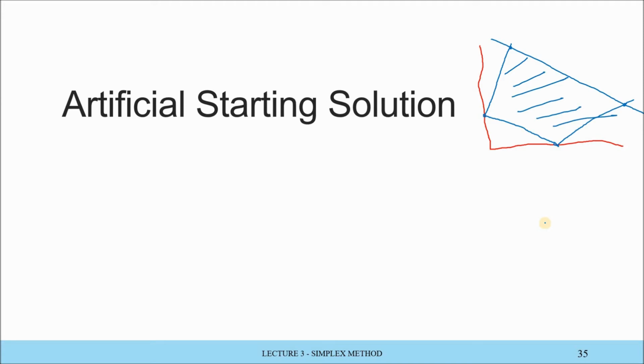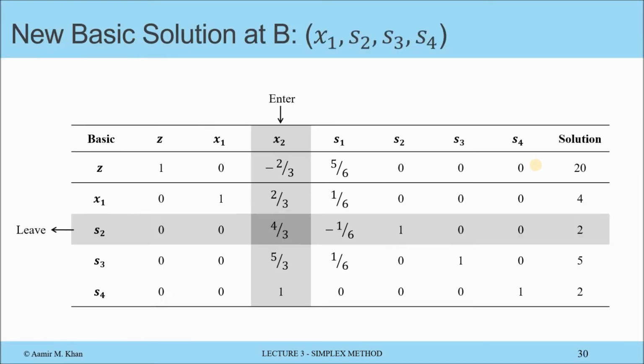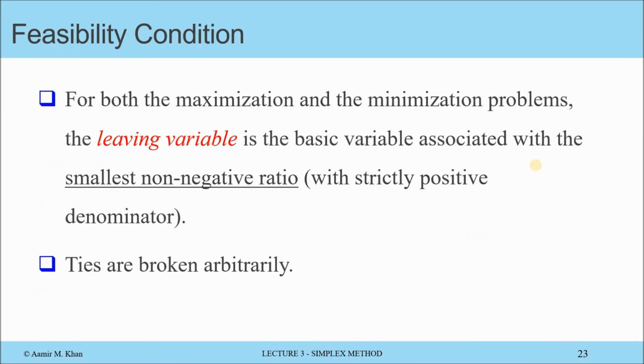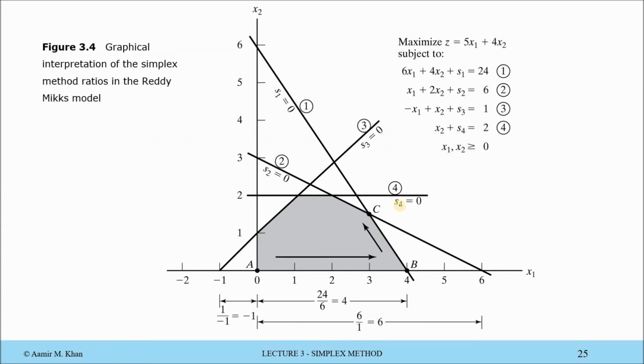Now what's the problem for this feasible region? Normally, if you remember, we discussed before, you start up with 0 0 as your starting point of the feasible region.